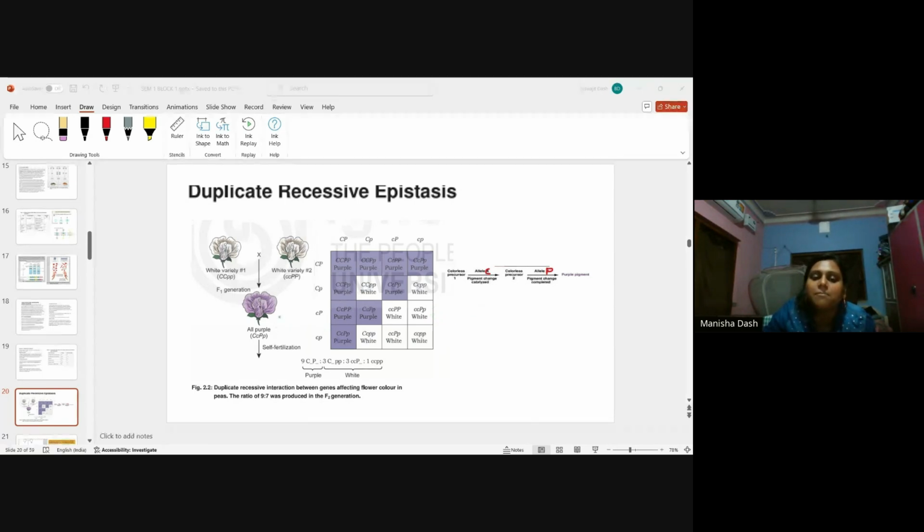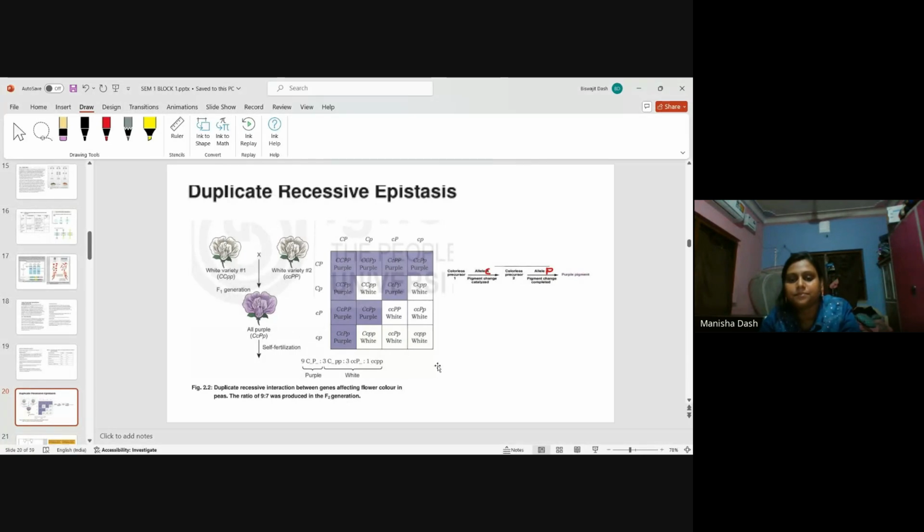So this is an example of epistasis where the effect of capital P is inhibited or masked by the effect of capital C. This is an example of duplicate recessive epistasis, and the modified ratio is 9:7. You just need to remember the modified ratio.